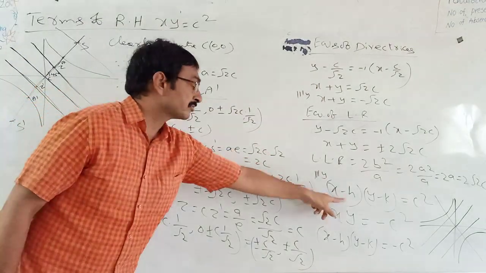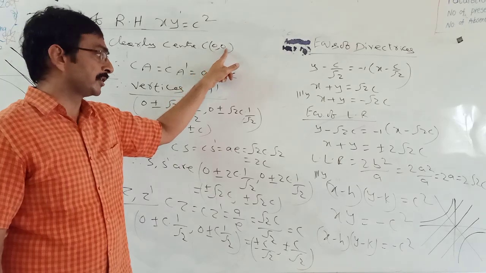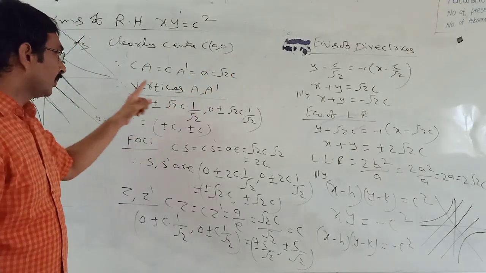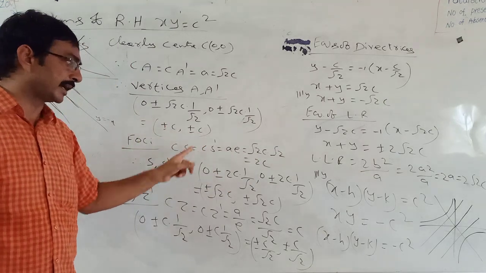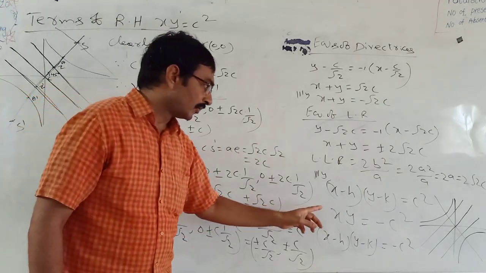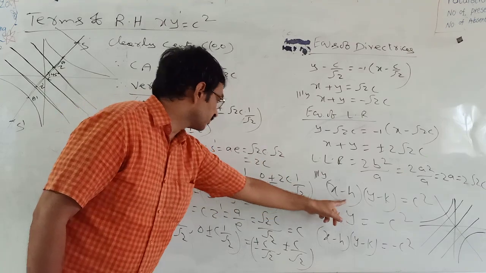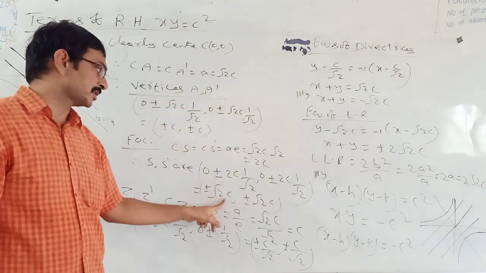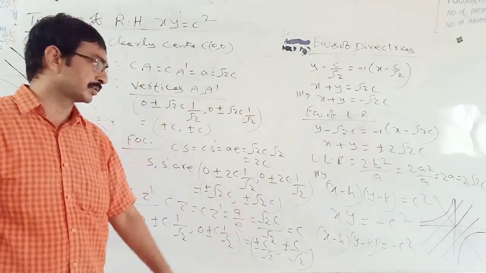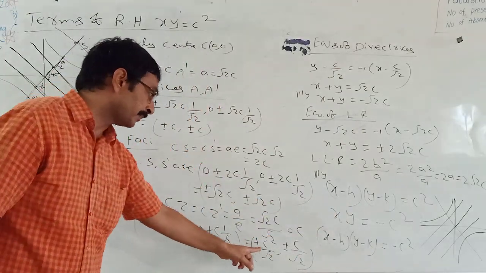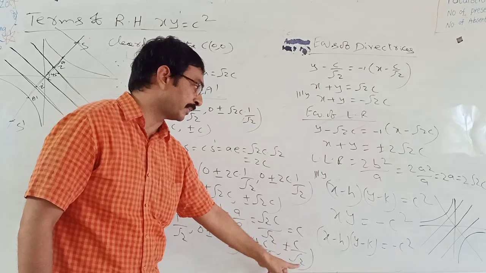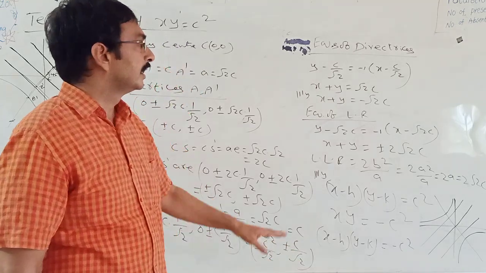Therefore, the center of this one is 0 plus h comma 0 plus k. Vertices are h plus or minus c comma k plus or minus c. Foci are h plus or minus root 2 c comma k plus or minus root 2 c. Z comma Z dash are h plus or minus c by root 2 comma k plus or minus c by root 2.